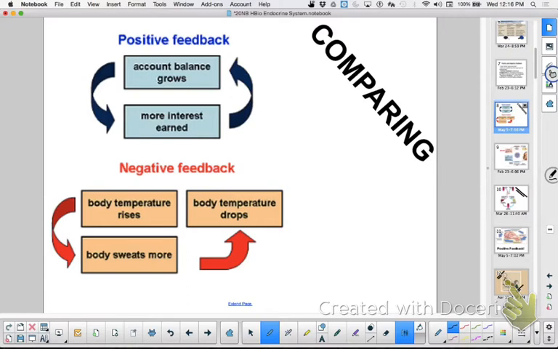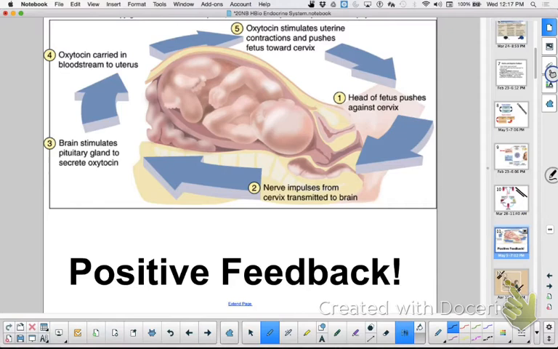More gets you more. The example we looked at for positive feedback would be childbirth, and as the baby's head pushes against the cervix, that sends an impulse all the way to your brain, and oh my gosh, what is it releasing? Oxytocin. Who releases oxytocin? You know.